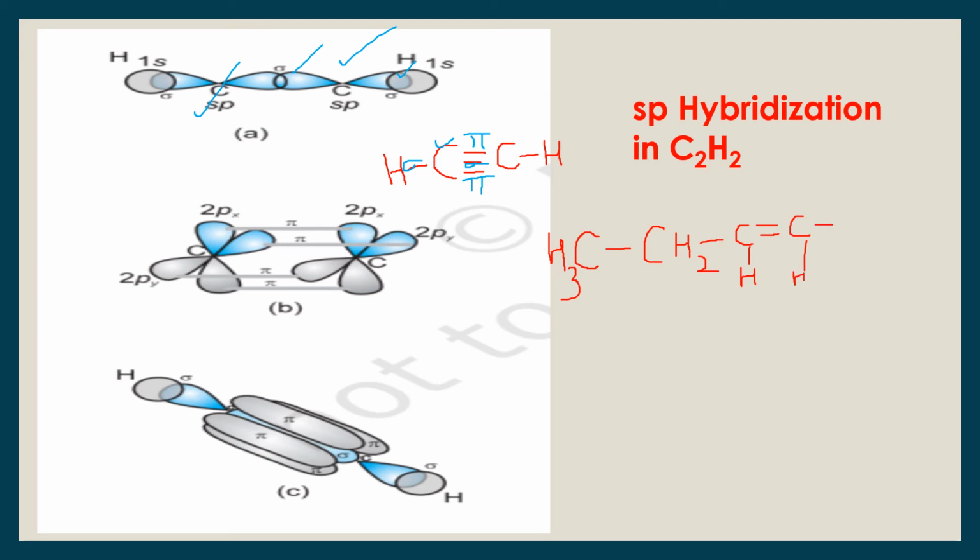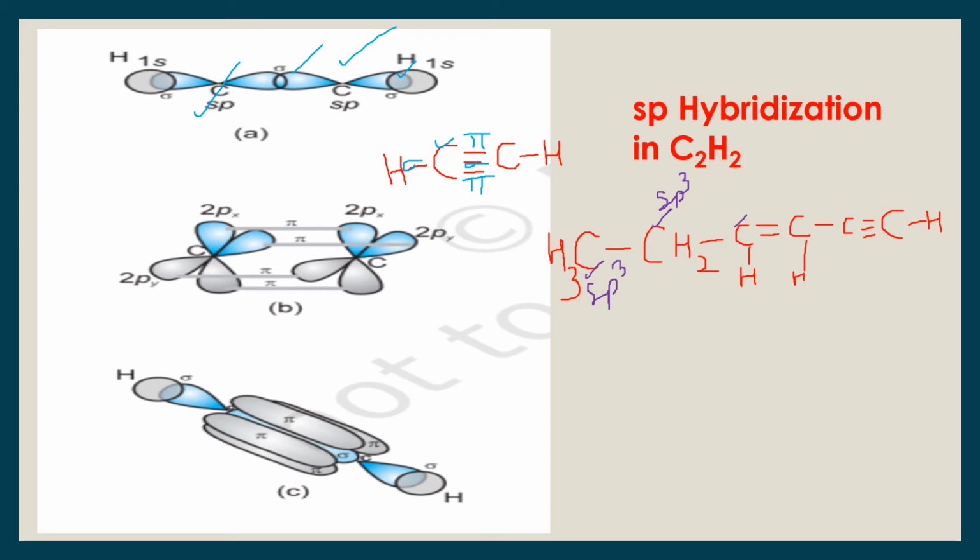I'm giving a long one so that it's clear. C triple bond CH. I have taken all type of possible bonds, multiple also, between two carbons. See the carbons one by one. It has all single bonds, sp3. It has all single bonds, sp3, because 4 bonds, 4 sigma bonds.